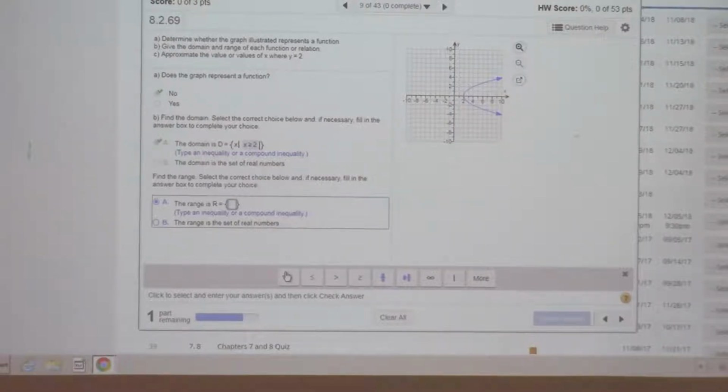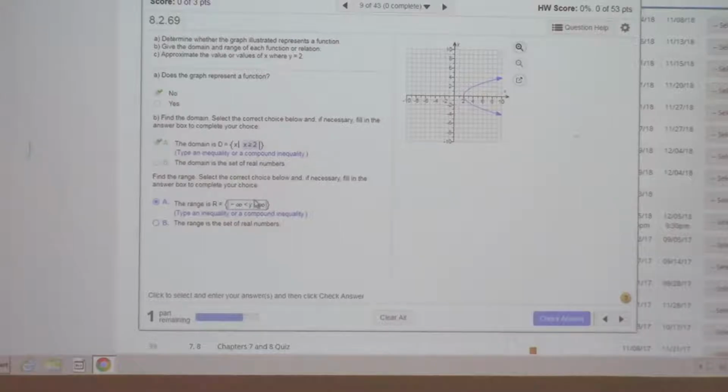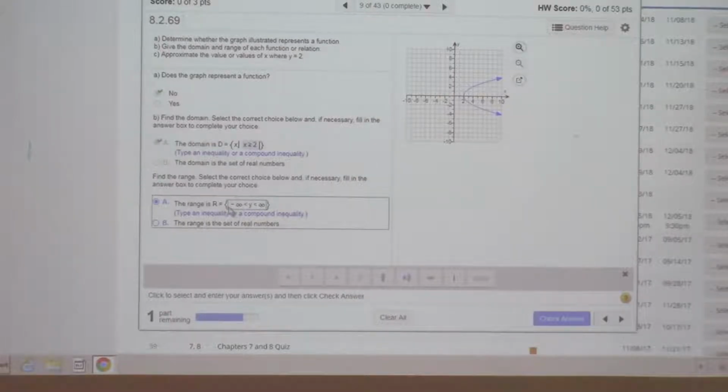So if you want to type an inequality or a compound, so I think, let's see, negative infinity, then y, infinity. No. Let's see, why? I think I erased y, right?